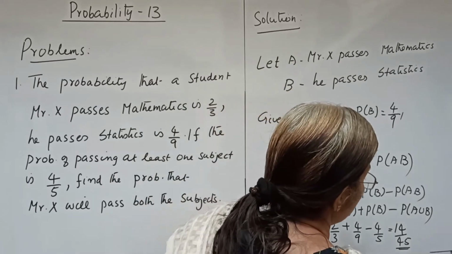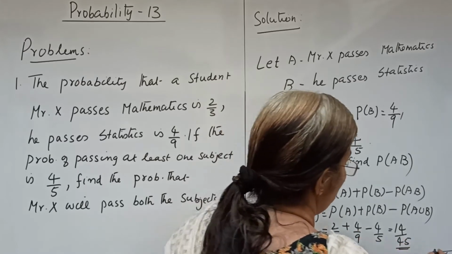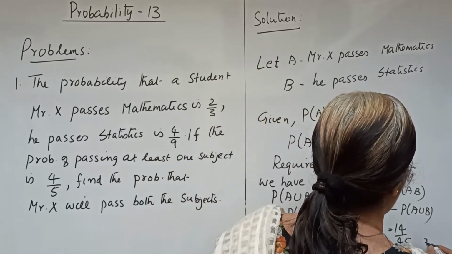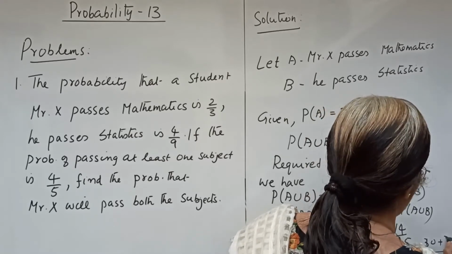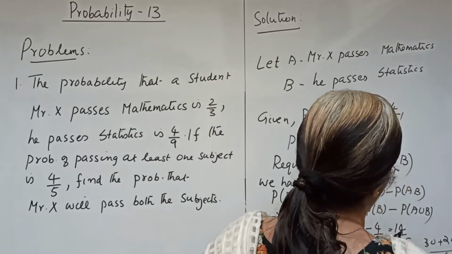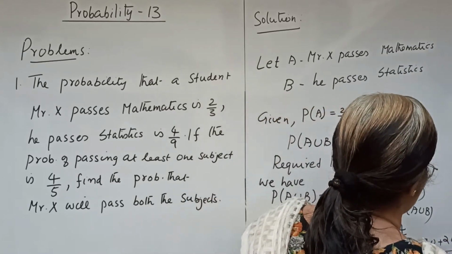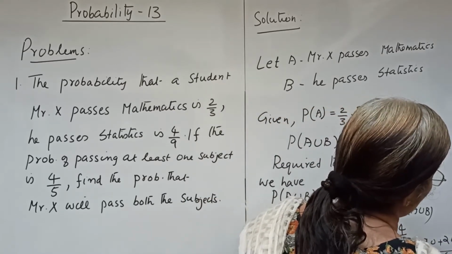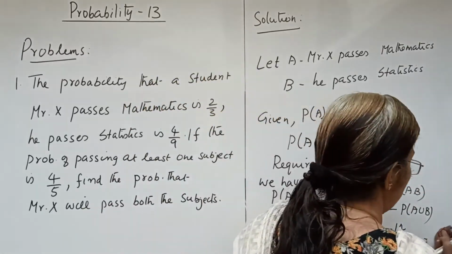Then 15 into 2 is 30, plus 9 into 4 is 36... wait, 5 into 4 is 20, minus 4 into 9 is 36. Yes, 50 minus 36, it is 14 by 45.